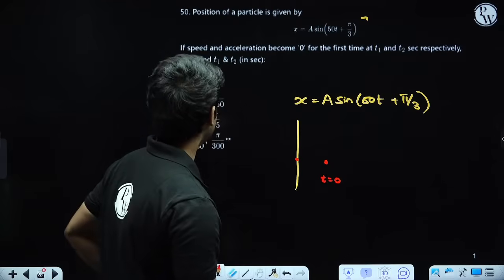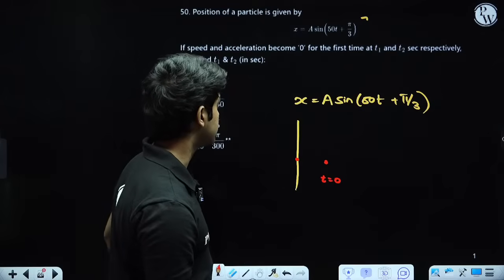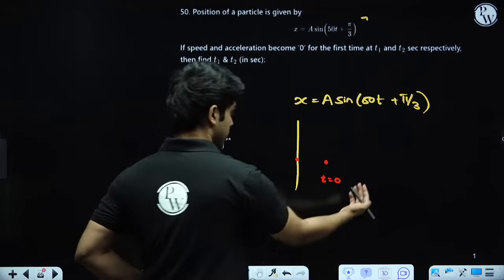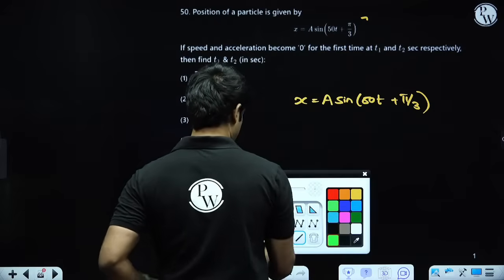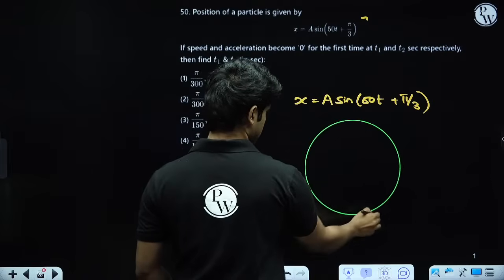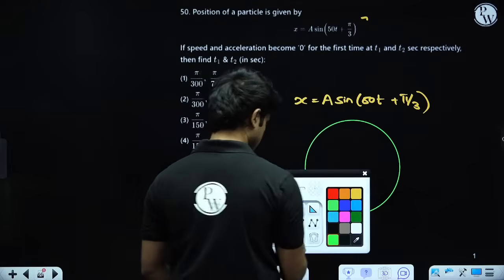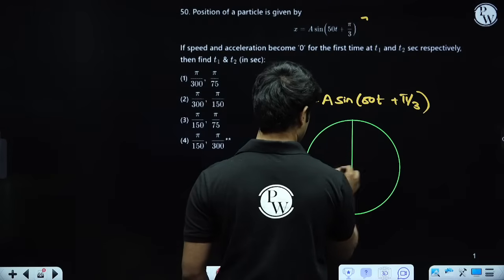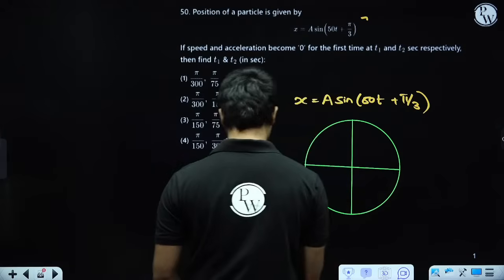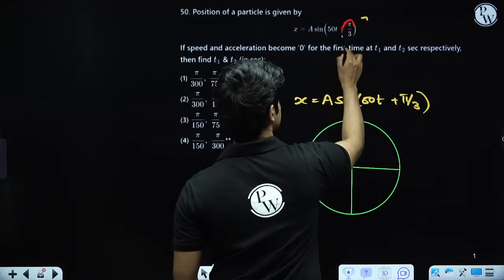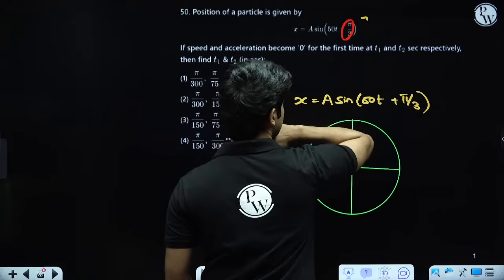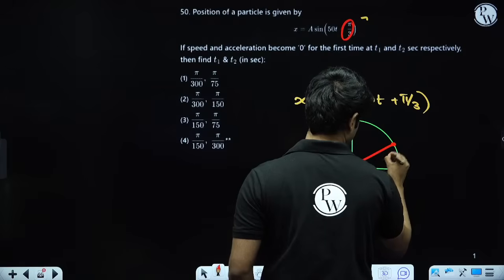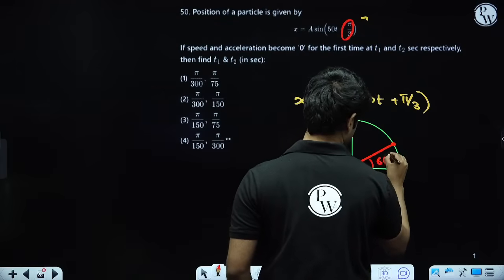So now the question is, when does the speed become 0 for the first time? So we can also use the phasor method to solve this. That will be easier if I just draw everything in a circle. We'll draw one vertical line. Okay, so the initial phase value is pi by 3. At t equal to 0, it is at pi by 3 angle, which is somewhere over here, 60 degrees.